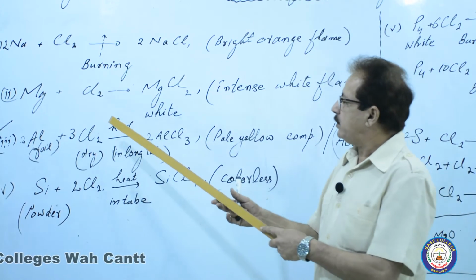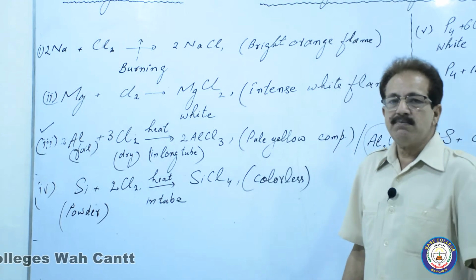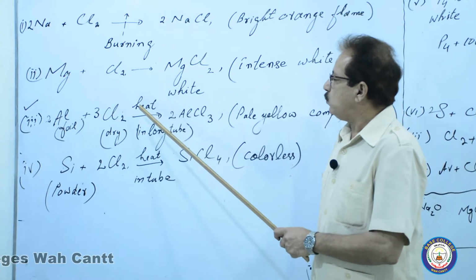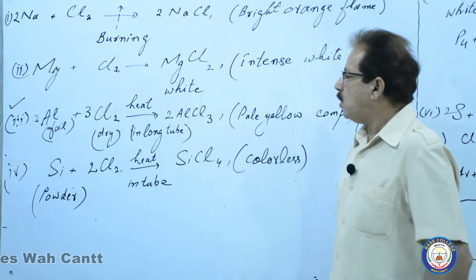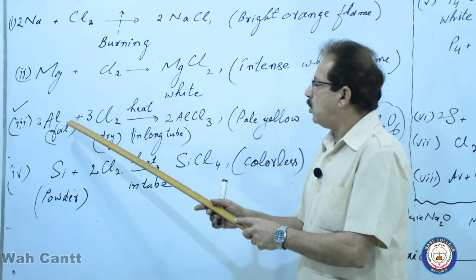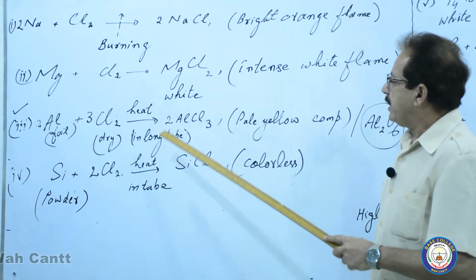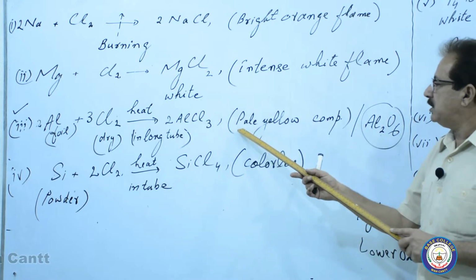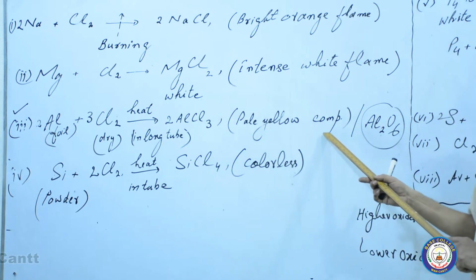The nature of the chlorine is dry. That should not be moist, and you will have to heat the tube along with this assembly. Assembly means aluminium along with chlorine to get aluminium chloride. After some time you will observe a pale yellow compound.